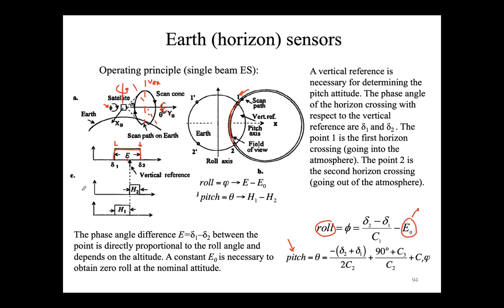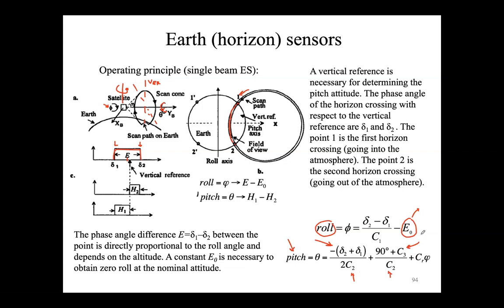But if you start to have a misalignment or a different orientation of the spacecraft, you're going to detect a signal that is governed by the sum of delta 2 plus delta 1. You have a sum here because delta 2 and delta 1 are computed with respect to the vertical axis, so this one is positive and this one is negative. The other coefficients are also dependent on the sensor itself, so they are optical properties of the sensors.